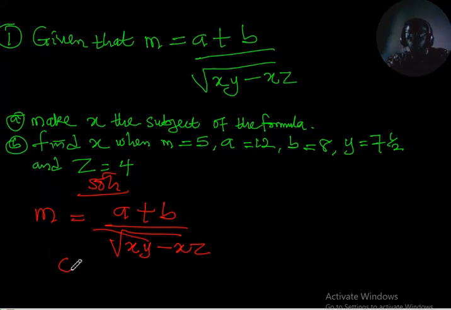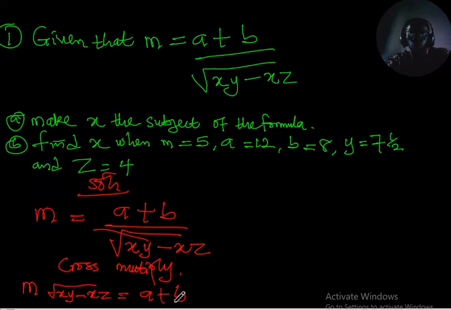So if you cross multiply, this becomes m multiplied by root of xy minus xz, everything equals a plus b.